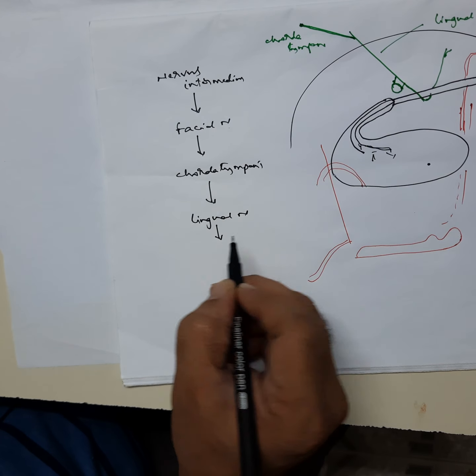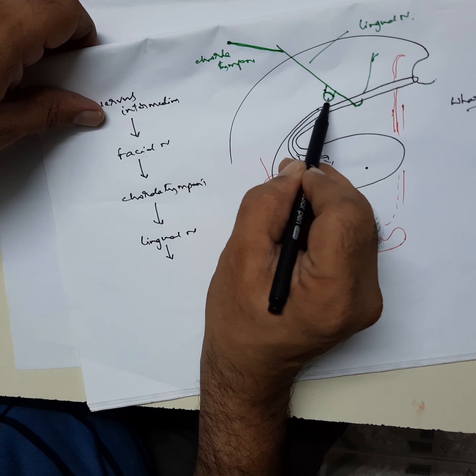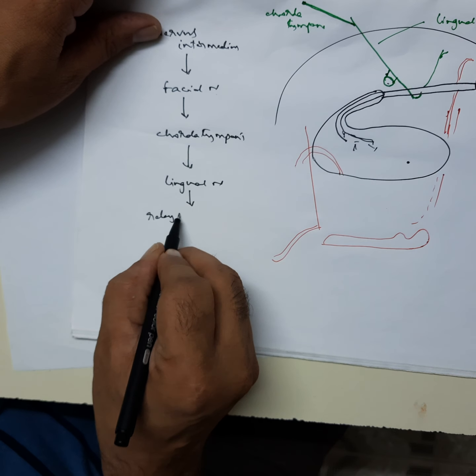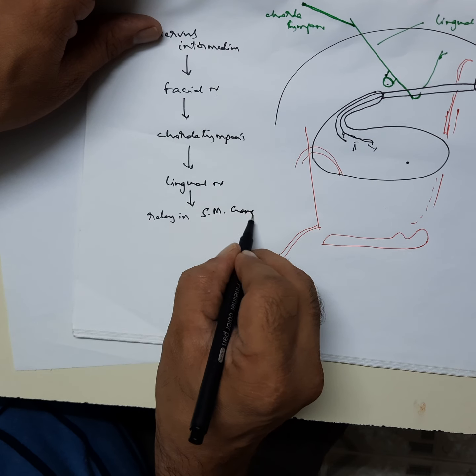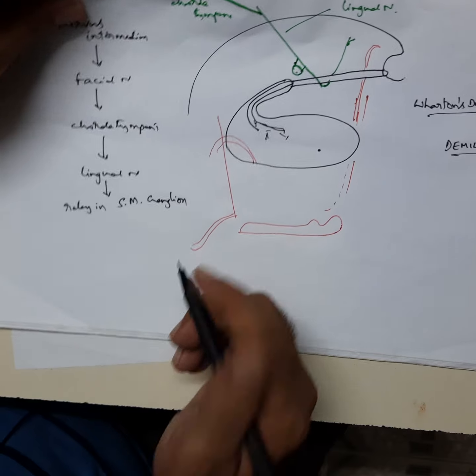and from the lingual nerve through this posterior root they enter into this ganglion, and they relay in the submandibular ganglion. It is a peripheral parasympathetic ganglion, very small in size.